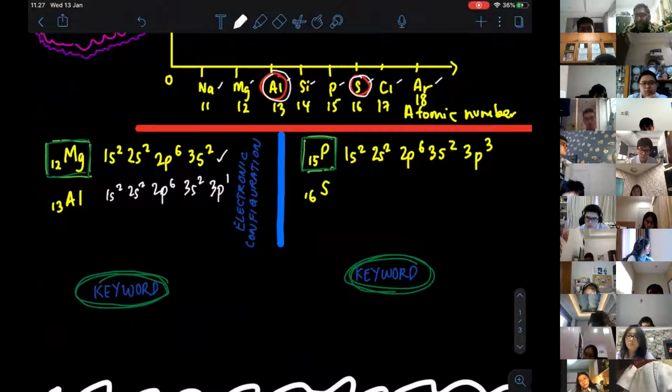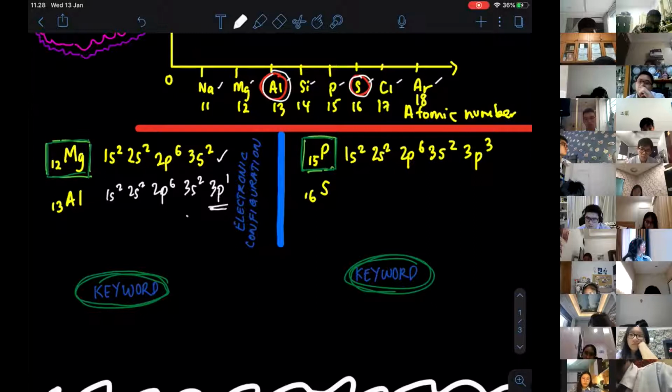It means that when you want to remove the electron from aluminium, you are removing it from 3p. Even though they are from the same principal quantum shell, 3, 3p is slightly further from the nucleus. 3s is slightly nearer to the nucleus.